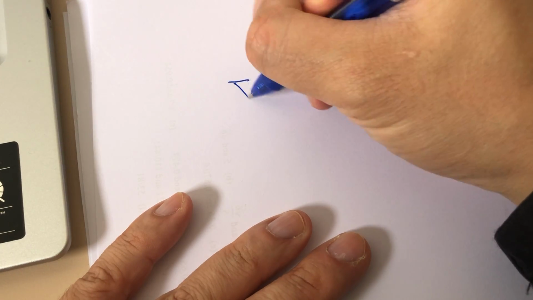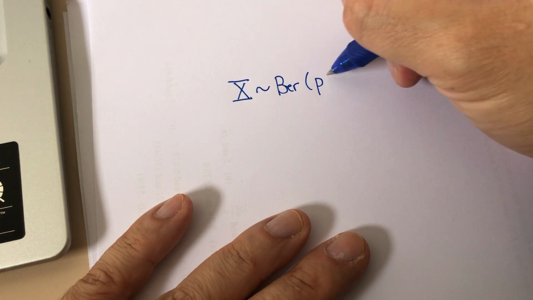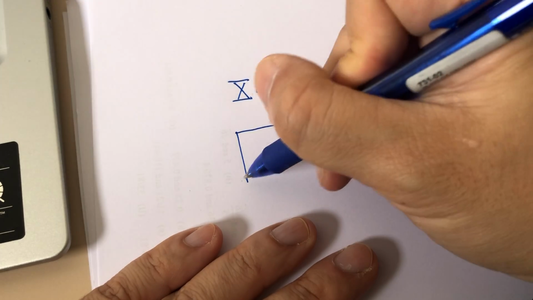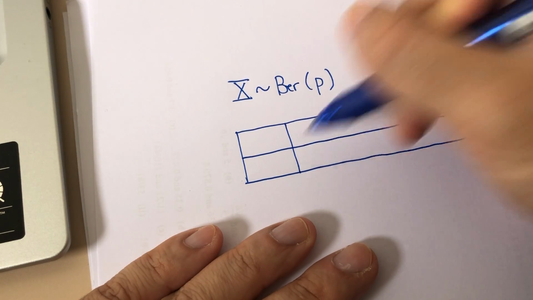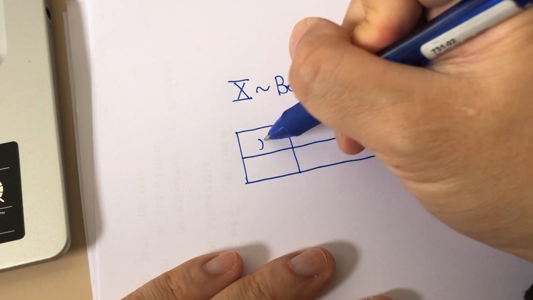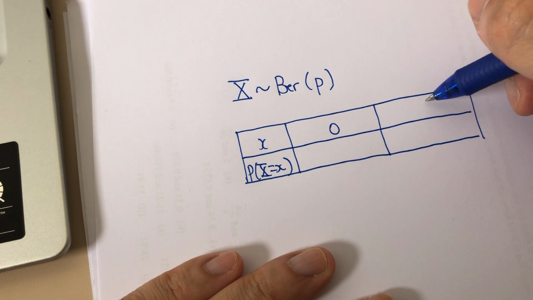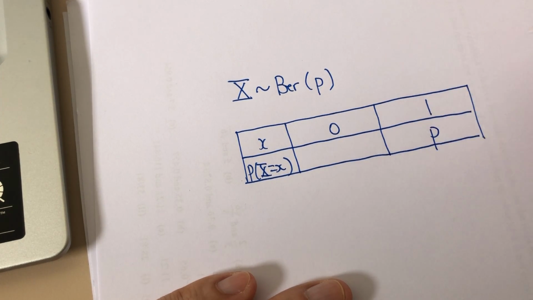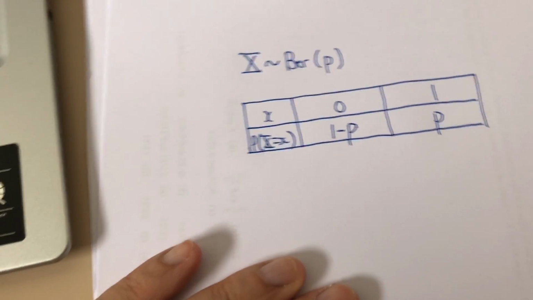Go ahead. So we have X follows a Bernoulli distribution with the probability of success P, so that we could easily tell how the probability is distributed. X equals x, 0 and 1. Probability of success is P, so this is P. Probability of failure should be 1 minus P. Okay?